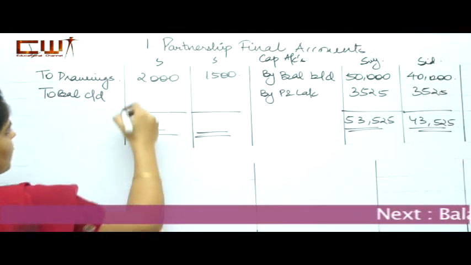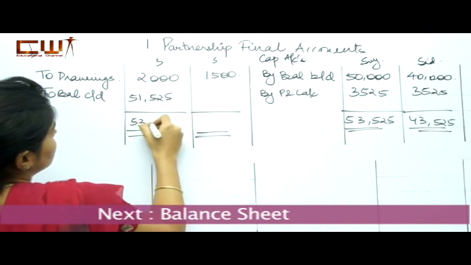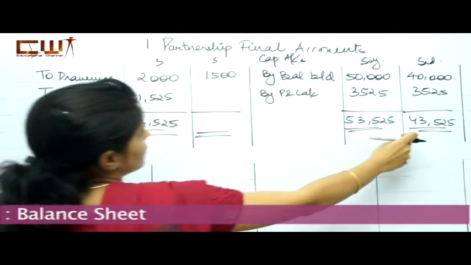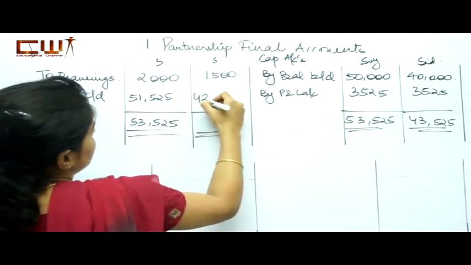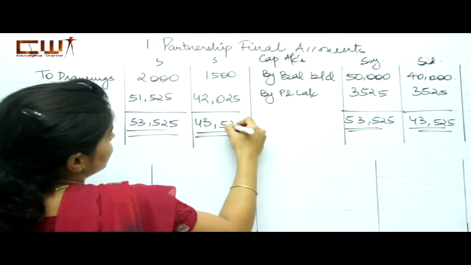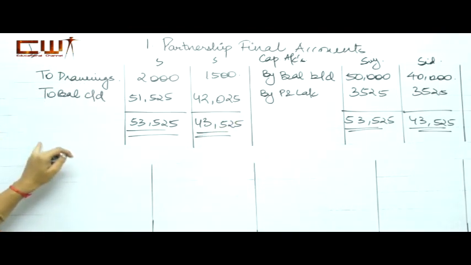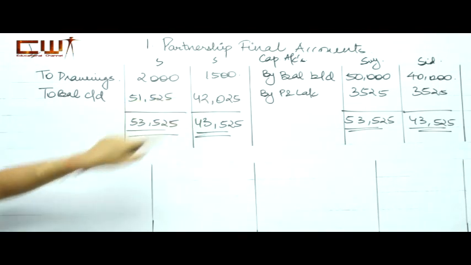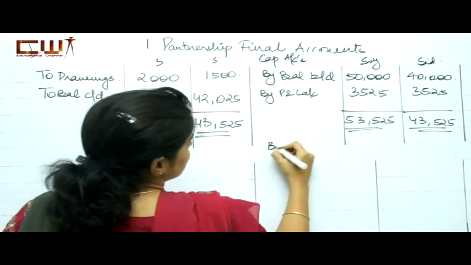How much do you get? 51,525. 43,525 minus 1,500 will give you 42,025. And this will be 43,525. Right? So these are the balances that you have got. Now these balances we will use in the balance sheet. Let's prepare the balance sheet.